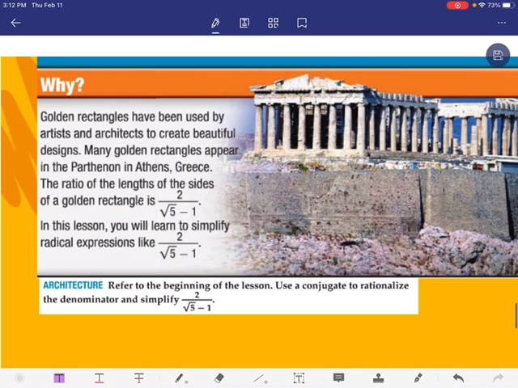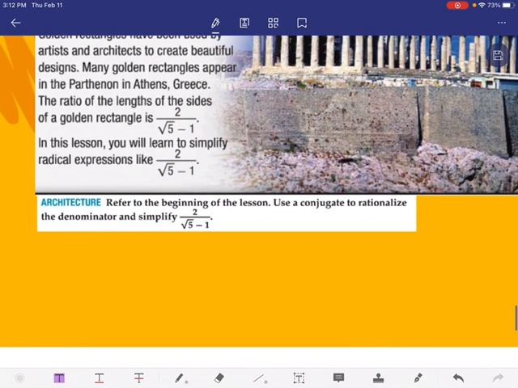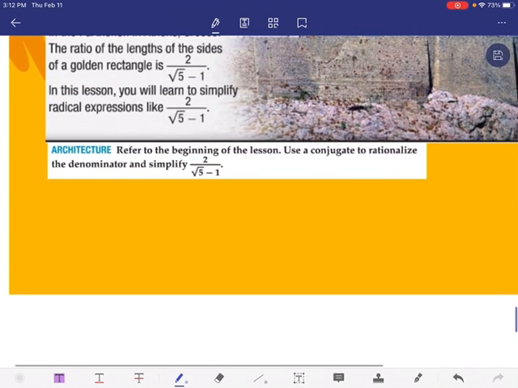So in general, though, that ratio is specifically 2 divided by the square root of 5 minus 1, which isn't a super pretty number to look at, but it's not awful. And notice that our directions say to refer to the beginning of the lesson, which is just that little excerpt up above. But then we want to use a conjugate, and we haven't really heard the word conjugate before, to rationalize the denominator.